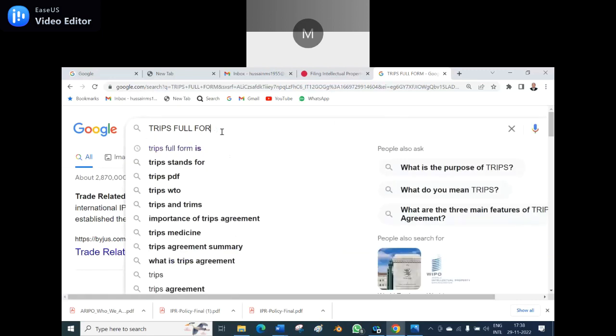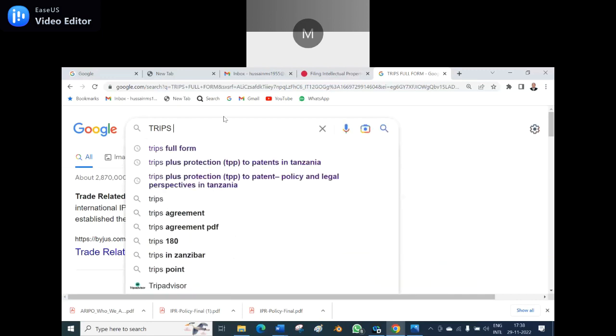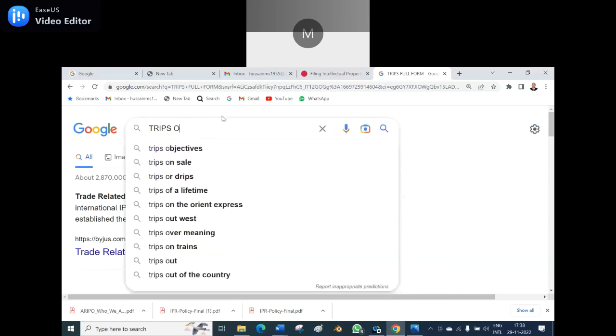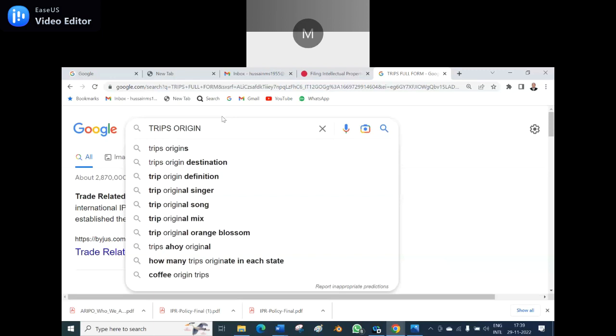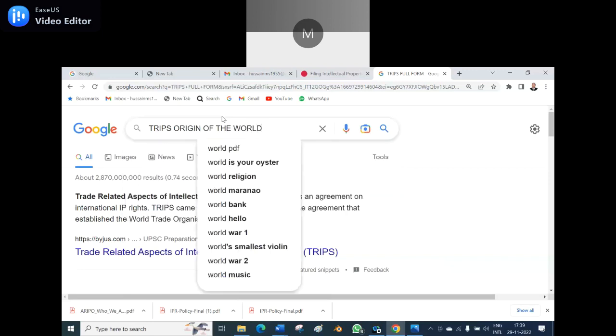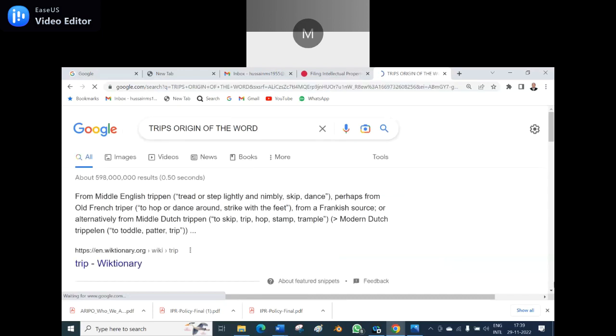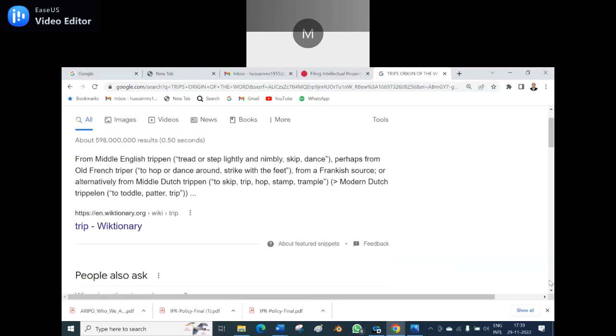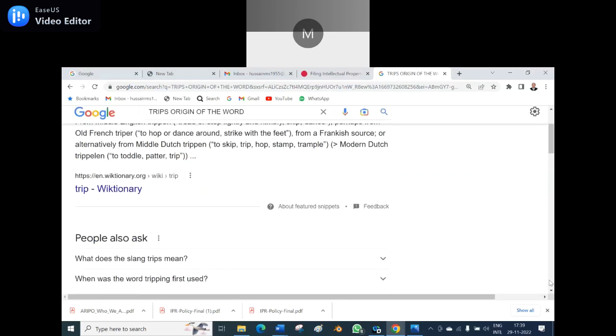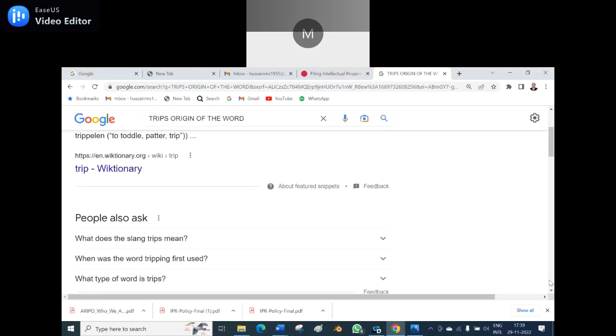If you just see the TRIPS origin, you could know it. Origin, whether they have taken from the Latin word directly, or sometimes whether they are taken from another word. Trip, the Frankish word skip, trip.